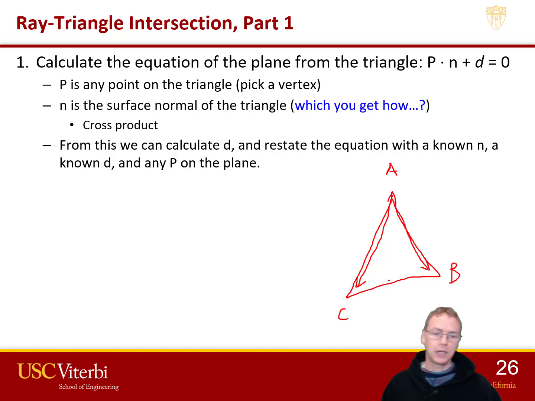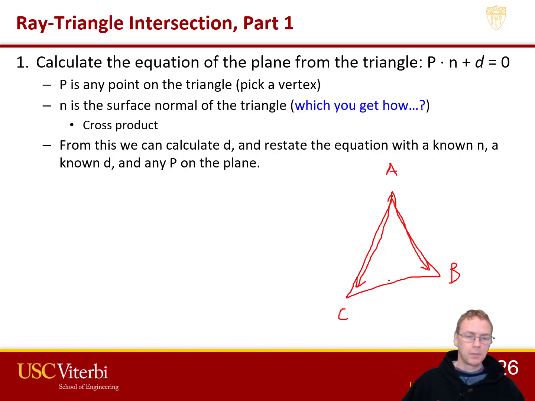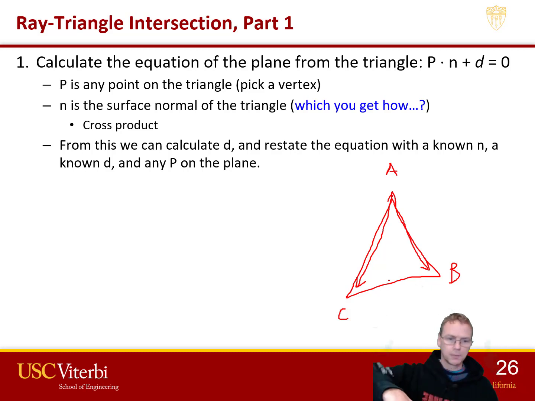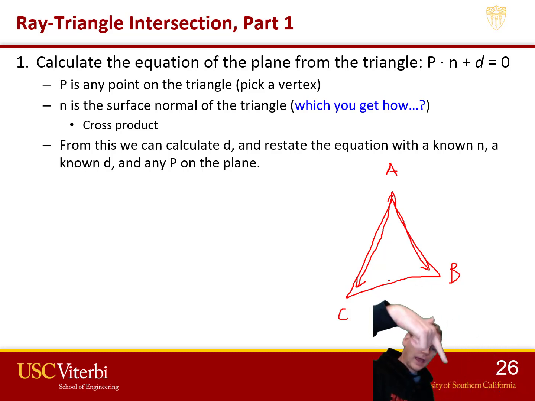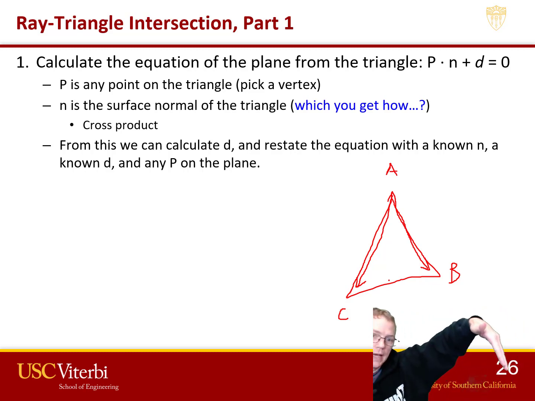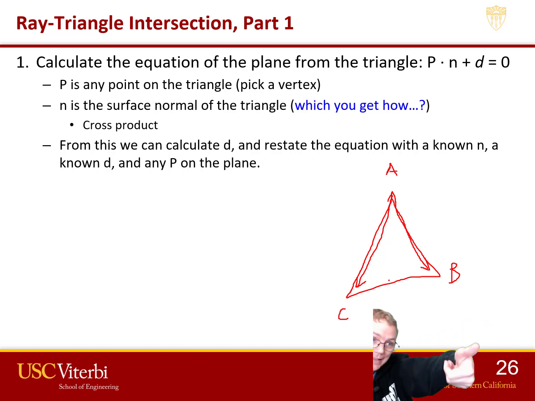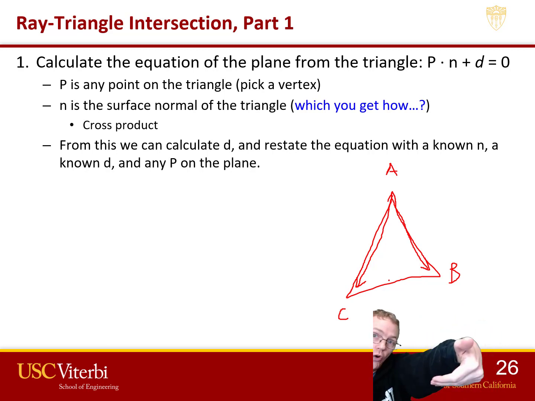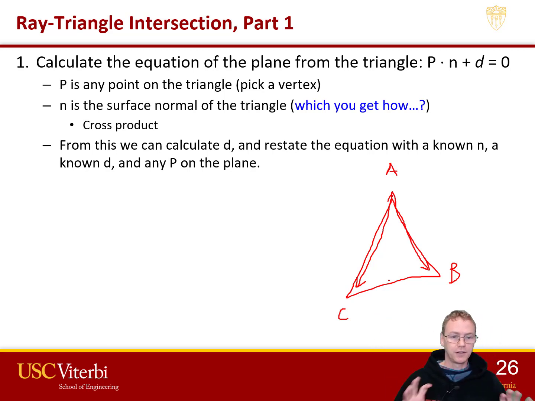You choose right hand, choose left hand, whatever. We'll do right-handed: AB cross AC is perpendicular to both AB and AC. That gives us a normal of the triangle.